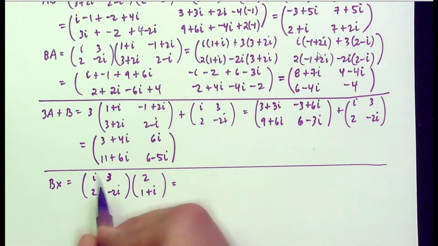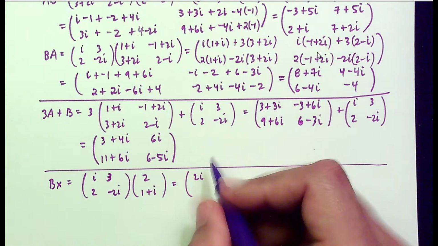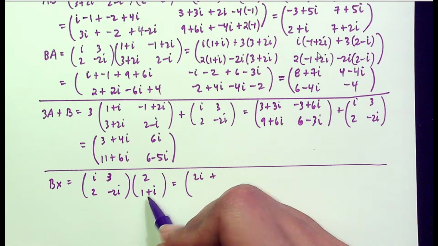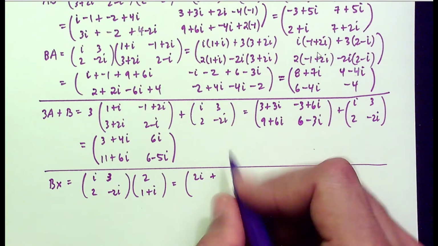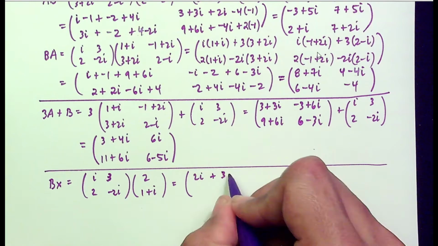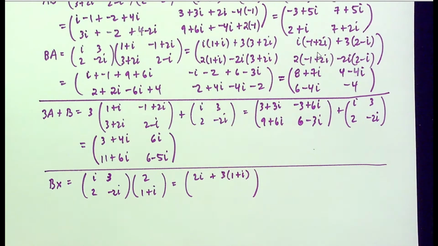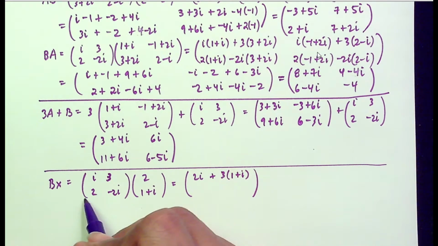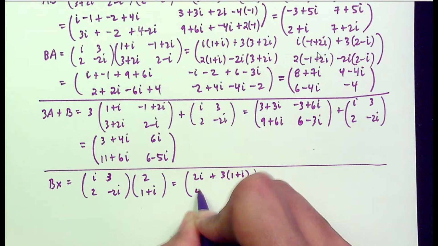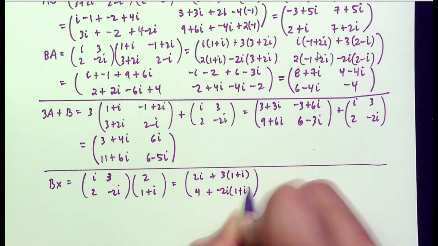Okay, dot product of this row with this column, so that would be 2i plus, and then multiply 3 times that. I'm going to do it multiplying next step. And then dot product of this row with this column, so that would be 4 plus negative 2i times 1 plus i.